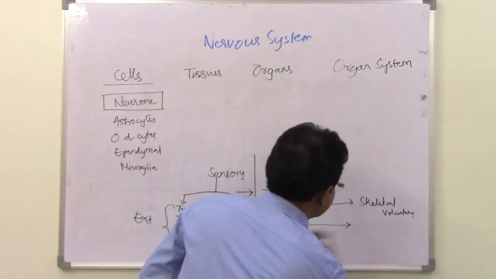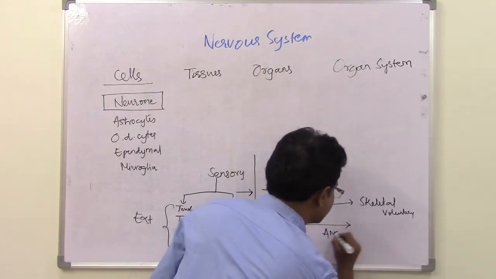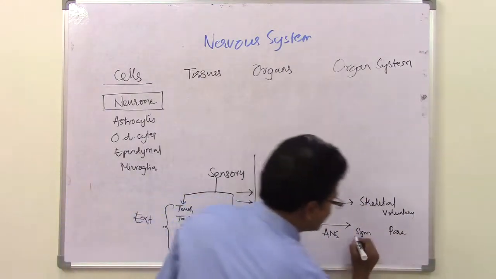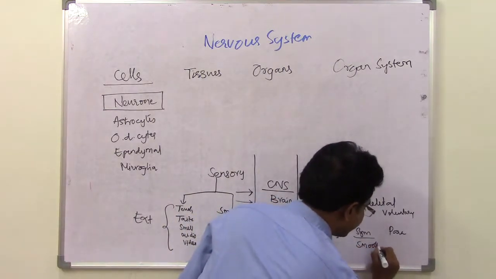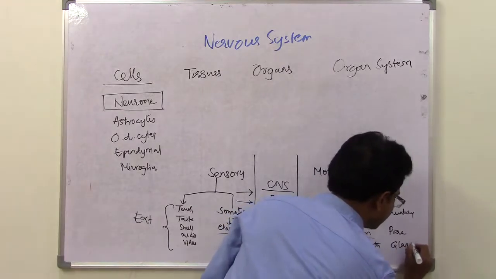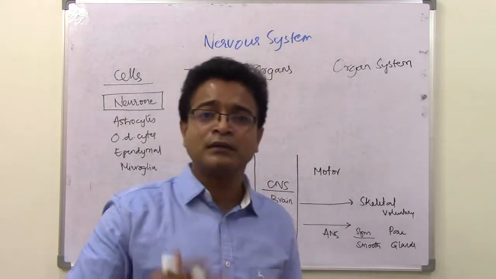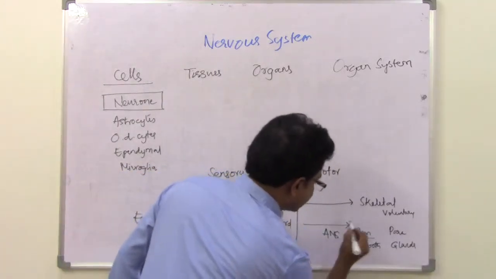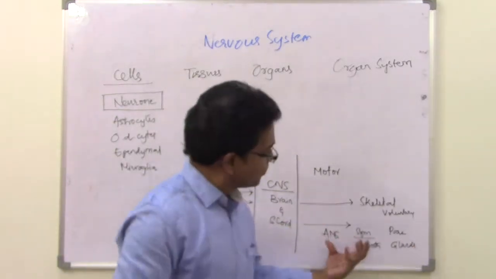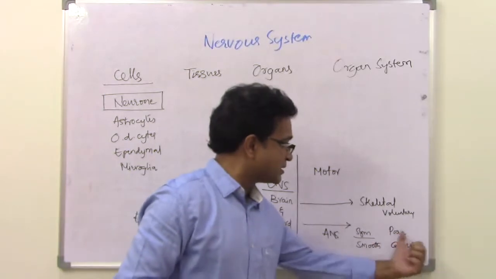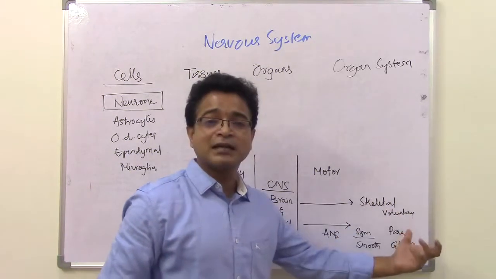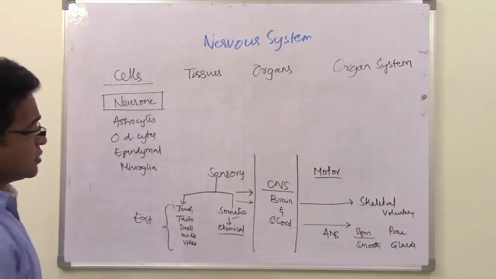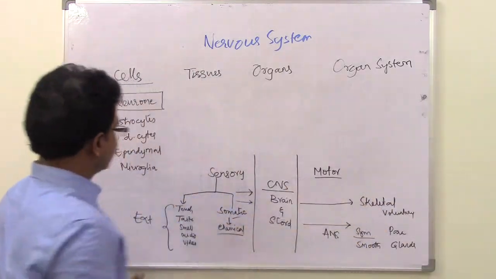There is also the autonomic nervous system, both sympathetic and parasympathetic, which sends signals to smooth muscle and some glands, for example the salivary gland, adrenal gland, and pancreas. These internal commands are sent through the autonomic nervous system by both its branches, and motor functions to skeletal muscle are carried by motor nerves, the somatic nerves. So this is basically the overview of the nervous system.